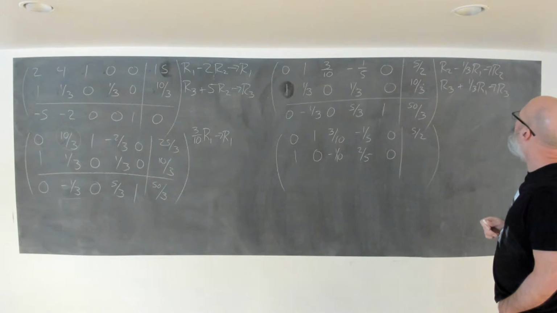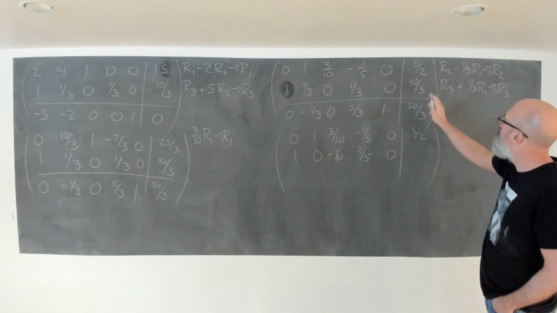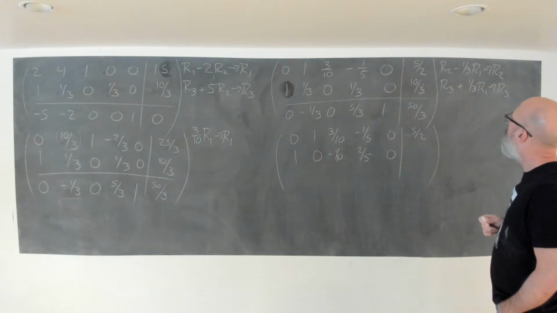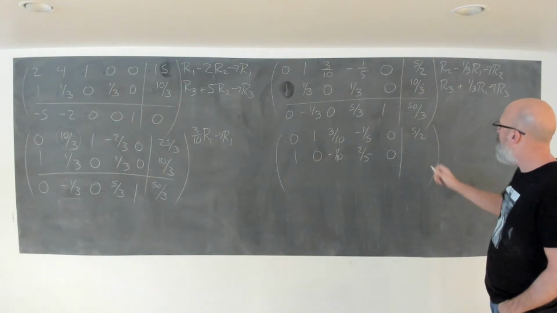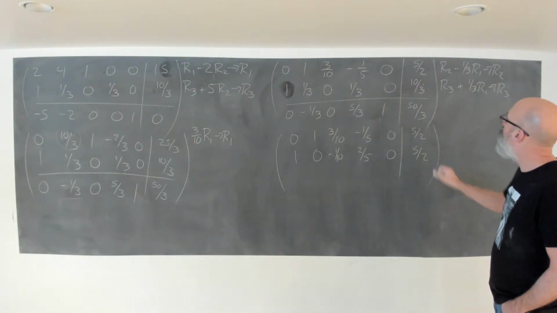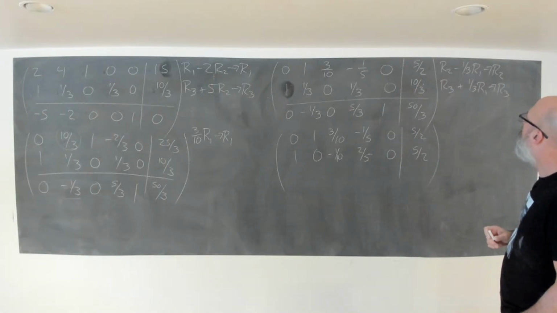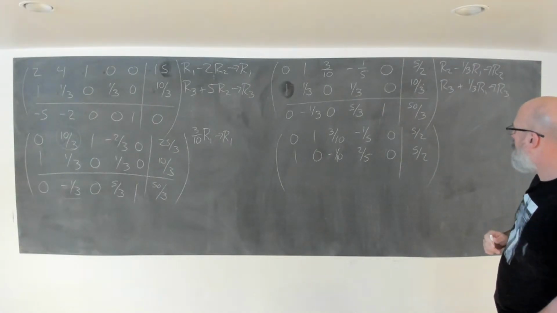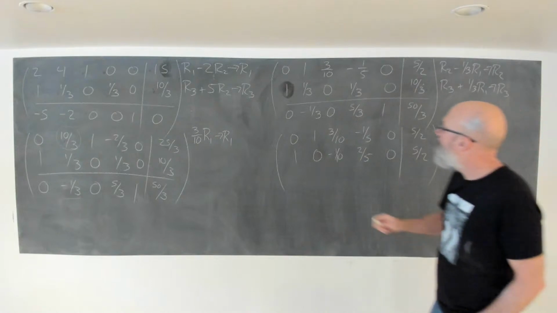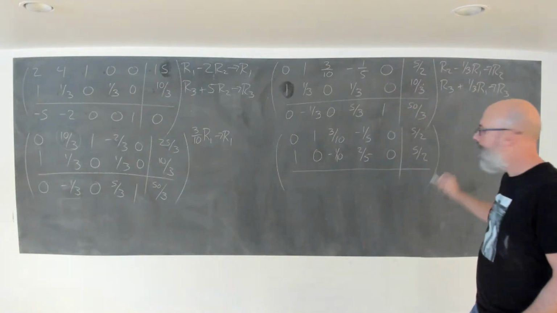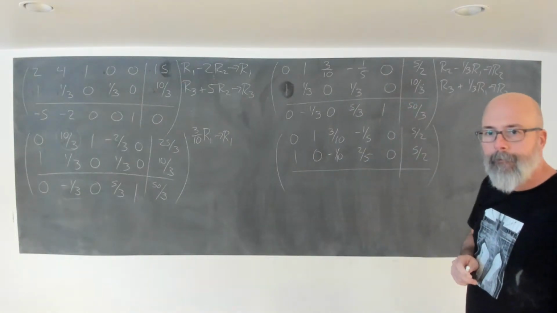So 20 minus 5, 15/6. It's 5/2. I think it's 5/2. Can somebody verify that?